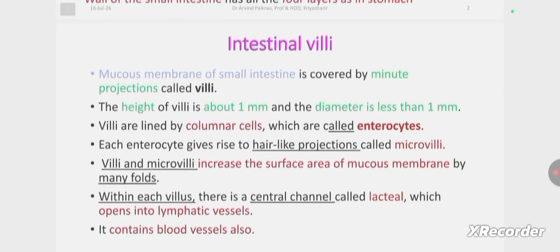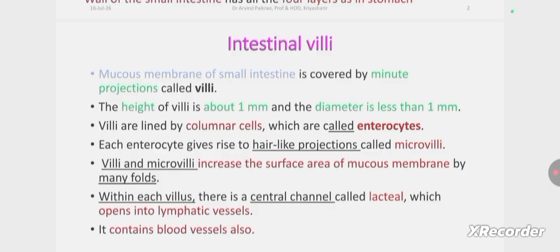The special feature of the inner layer, that is the mucosal layer, is very important. The mucous membrane of this small intestine has minute projections, which are known as villi. The height of villi is 1 mm, and the diameter is around or less than 1 mm.